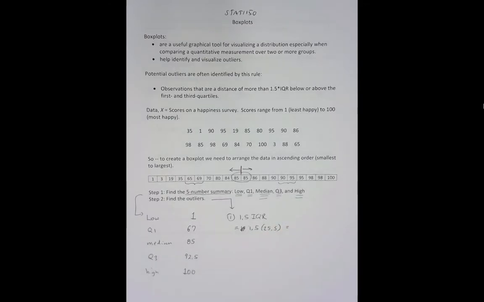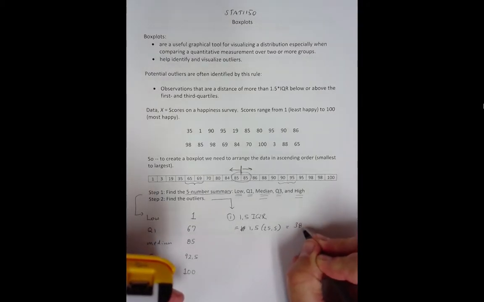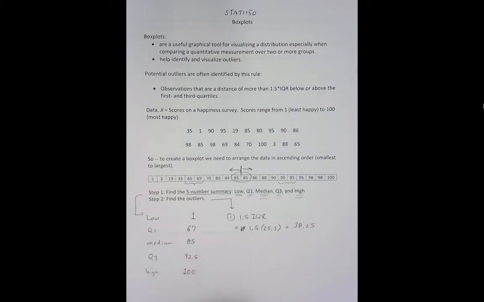I'll tell you what, let me grab a calculator just to make sure. So we have 92.5 minus 67. So 25.5, I multiply that by 1.5, and I get 38.25.